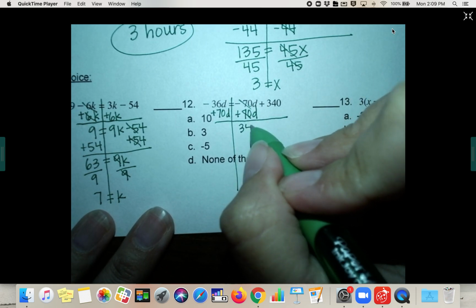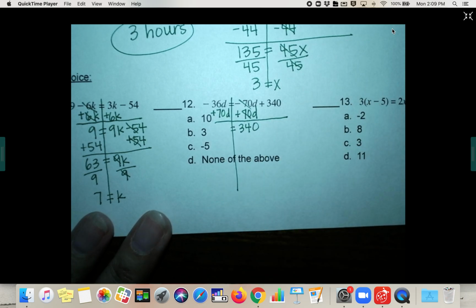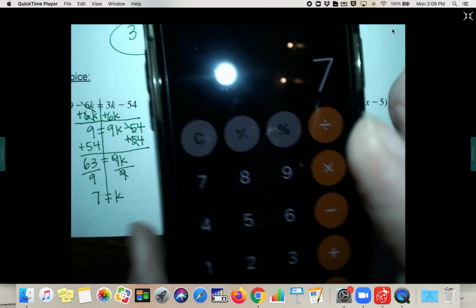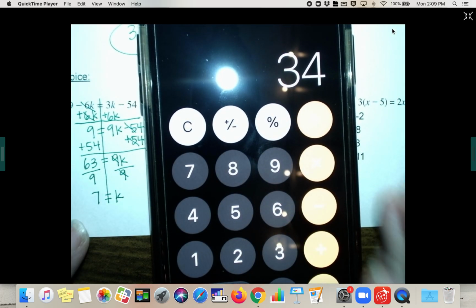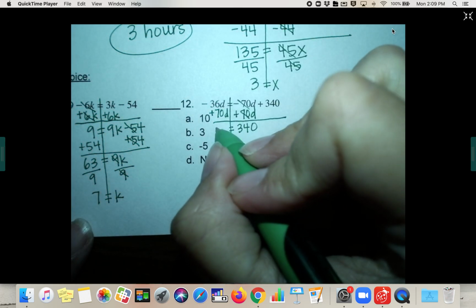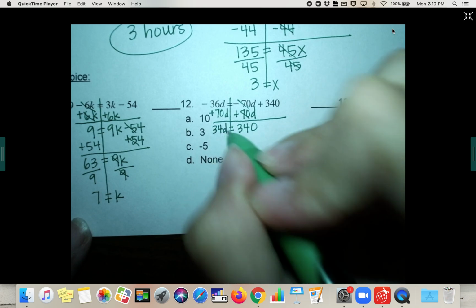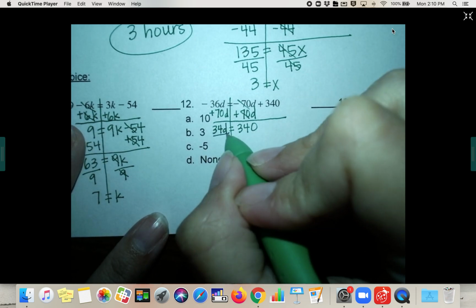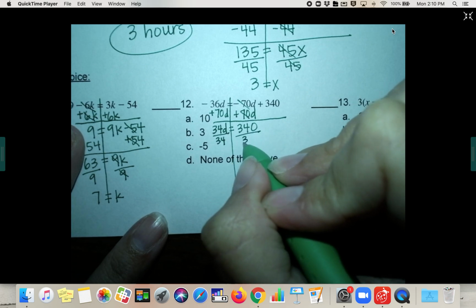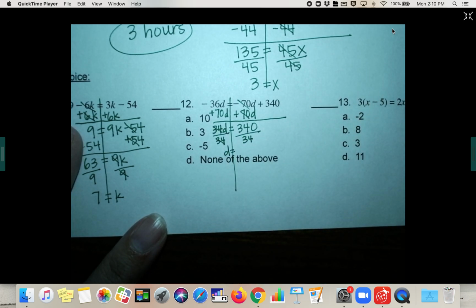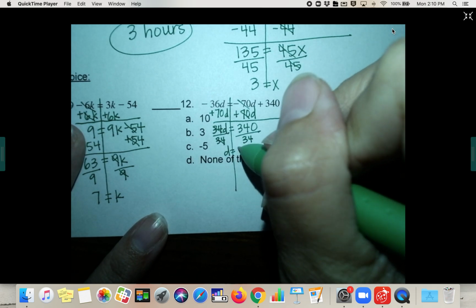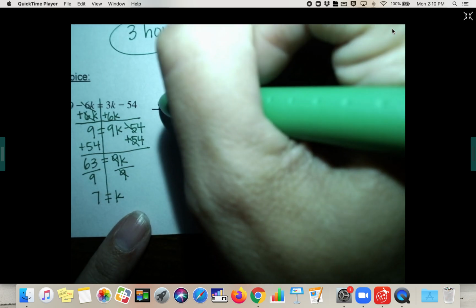All right, so it would be 340 over here, -36D plus 70D, -36 plus 70 is +34D, don't forget your letter D. Divide both sides by 34. And that should be 10. 340 divided by 34, yes. So the answer is A.